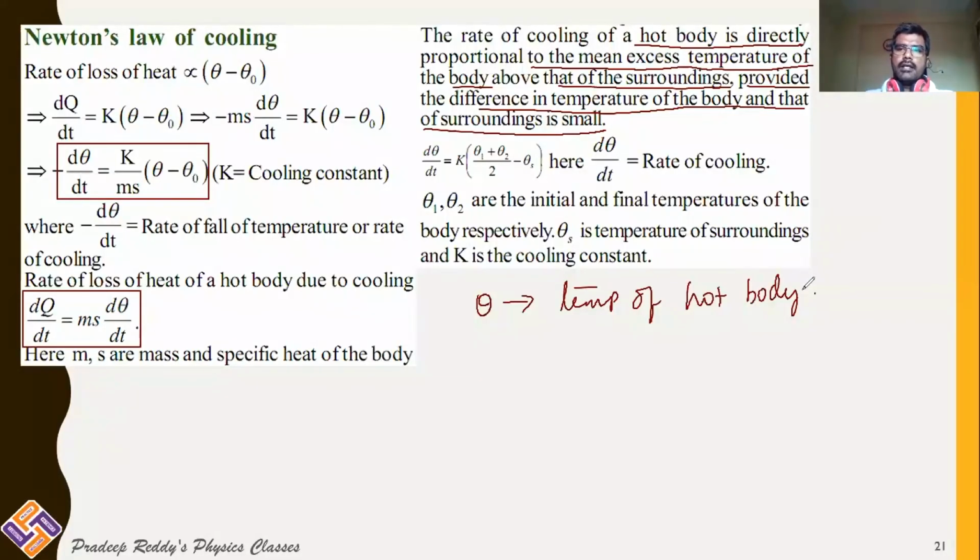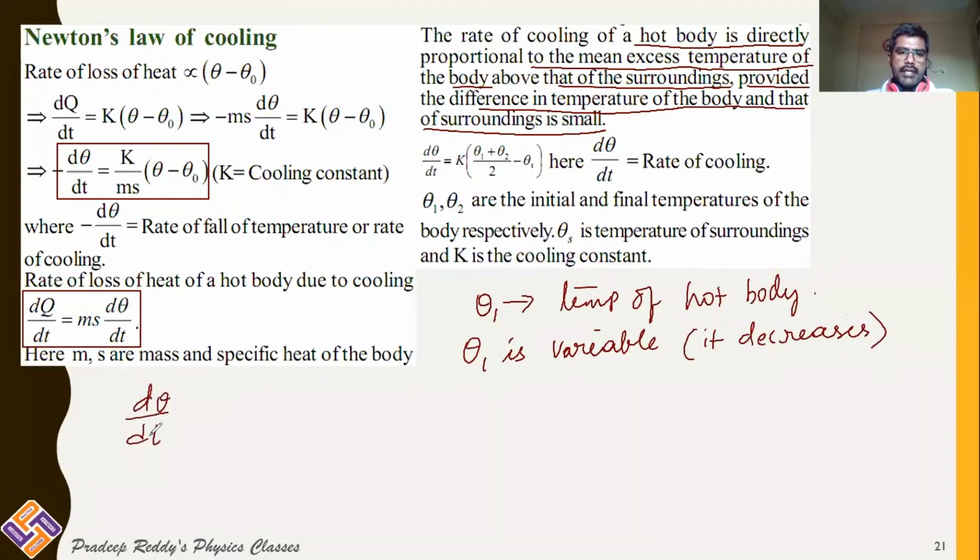As the hot body is continuously losing heat, the temperature of the hot body does not remain the same. So θ1 is variable because it changes. Therefore, in the formula which we have, that is d theta divided by dt is equal to minus K by ms into theta minus theta of surroundings.